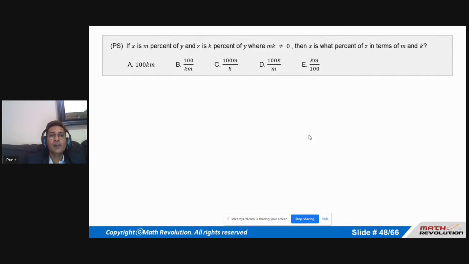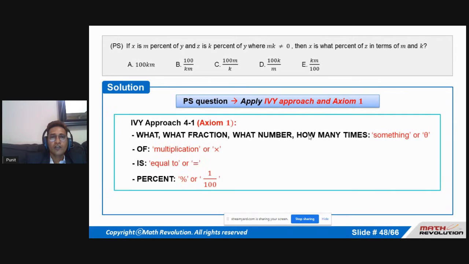If x is m% of y and z is k% of y, where the product mk is not equal to 0, we need to find x is what percent of z in terms of m and k. It's a pretty simple algebraic solution. We know it's axiom 1 because it's talking about what percent.